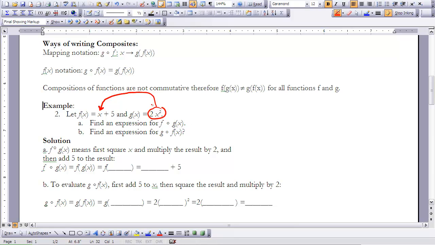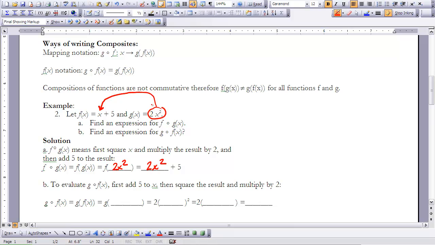So f following g of x is the same as f of g of x, which is the same as f of 2x squared, because g of x is 2x squared, so I'm putting that in place of x. So that is going to be 2x squared plus 5.